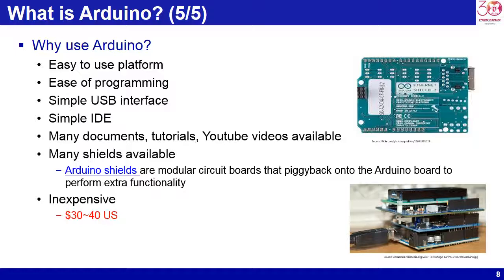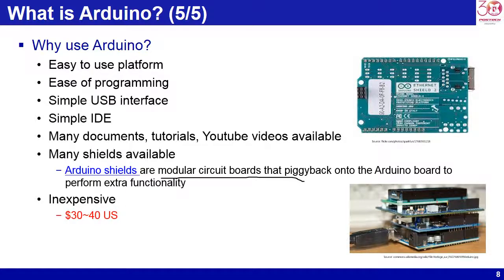Many types of shields can be added. Arduino shields are modular circuit boards that piggyback onto the Arduino board to perform extra functionality. Typical examples are Ethernet shield and Wi-Fi shield.